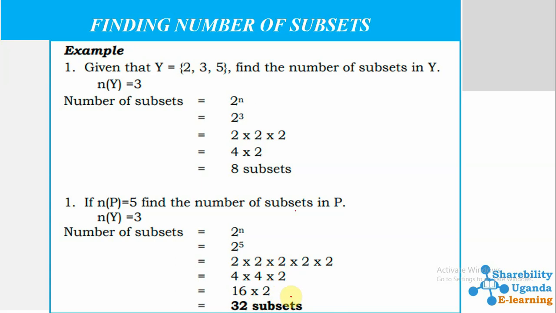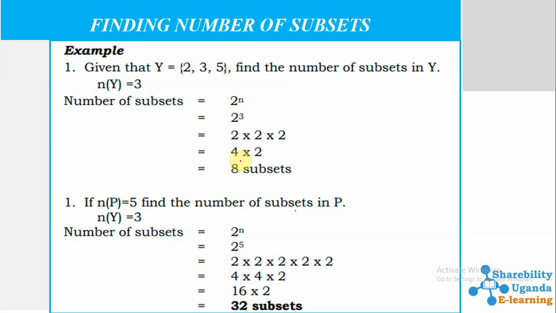Okay, so we can also prove and see whether it is true that we can get 32 subsets. So we are going to prove our first example here. Is it true that when you are given set y being equal to 3 elements, we get exactly 8 subsets?